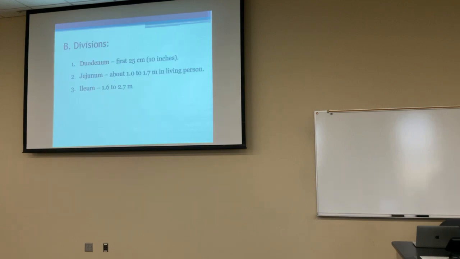So the small intestines are divided up into 3 different regions. Externally, the only way you can distinguish these 3 regions is based on location, because externally all 3 parts of the small intestines look the same. They're rather smooth on the outside. It's just a long, hollow cylinder that's smooth externally.